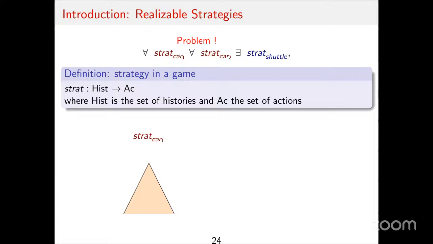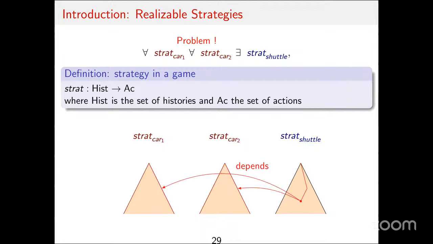And because of that, it can be seen as a tree. You have the tree of all the possible histories, and at each point, it is decorated with which action you should take. And you can think of each strategy that is quantified as a tree. But because of the order of quantification, in the strategy for the shuttle, the action you choose after a history will depend on the whole strategy for the car.